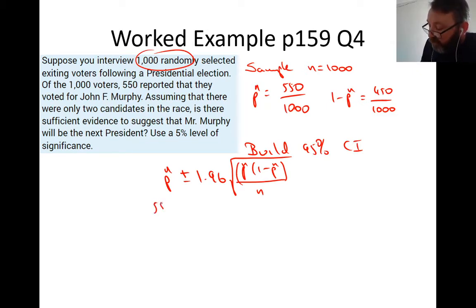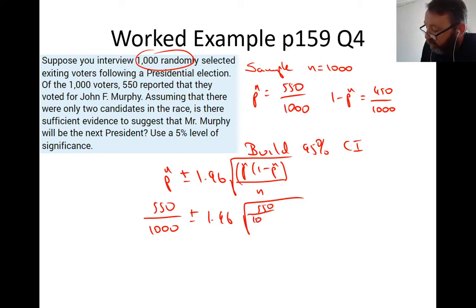So you get 550 over 1,000 plus or minus 1.96 times the square root of 550 over 1,000 multiplied by 450 over 1,000, all over 1,000. Now the lovely thing is your calculator will do this for you, providing you tap it in properly.